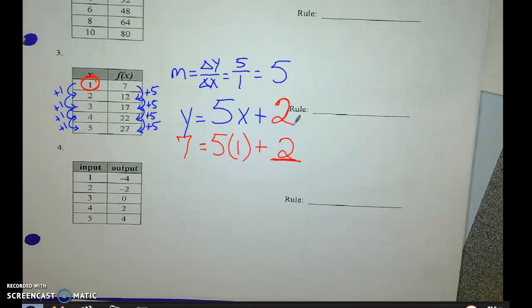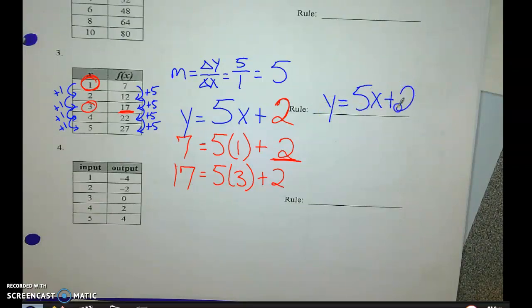Okay? I'm going to check it with another one. So let's say 3. Well, 5 times 3 plus 2, does that equal 17? 5 times 3 is 15 plus 2. Yes, it equals 17. So our equation, our rule, is y equals 5x plus 2.